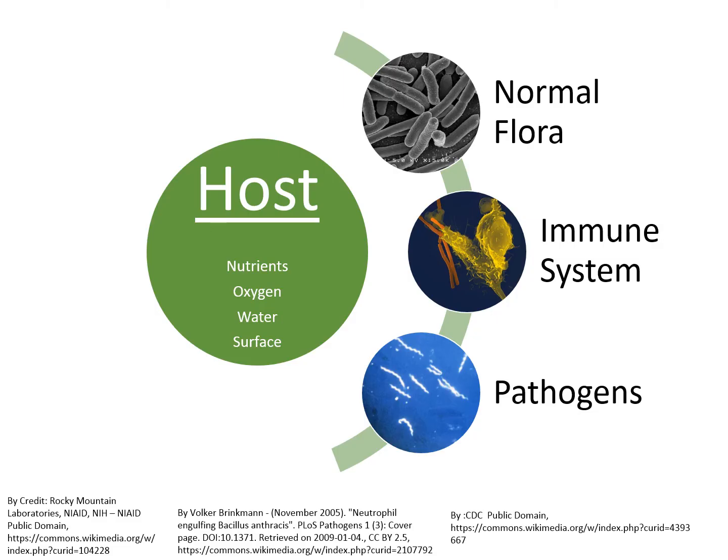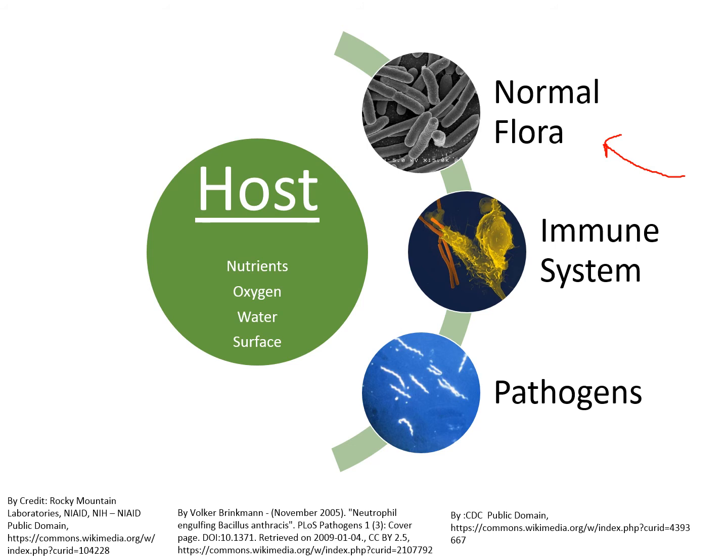So I want you to know that there's a mini war going on in your body. It's completely normal. First, you have the microbes that colonize your body, which we've called the normal flora, and they're in competition with each other for resources like nutrients, oxygen, environments to attach to and grow in, water, things like that.